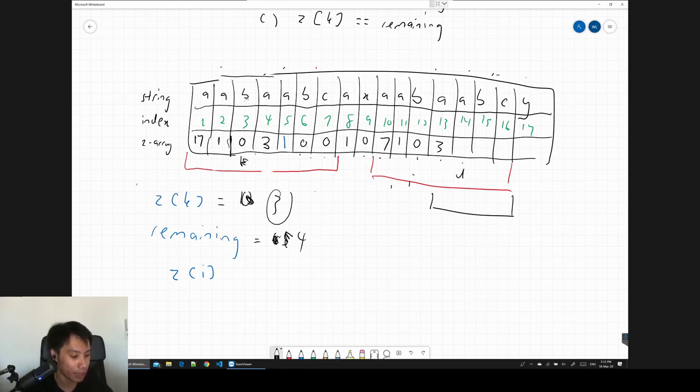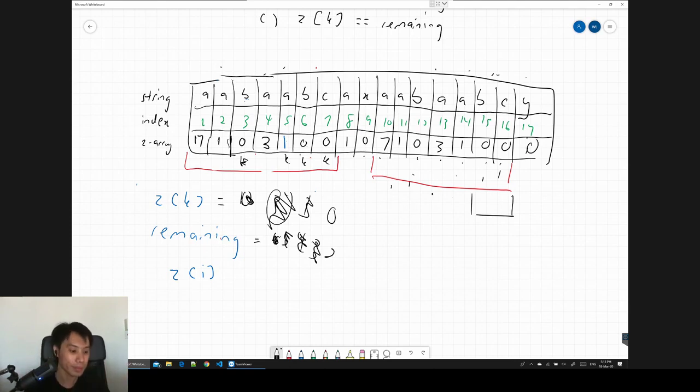Increment my I, increment my K, and my remaining is going to decrease. Now it becomes 3. ZK is 1, 1 less than 3, copy it. My I will now be here, remaining becomes 2. K will now be here, 0, copy a 0, and finally I will be 0.